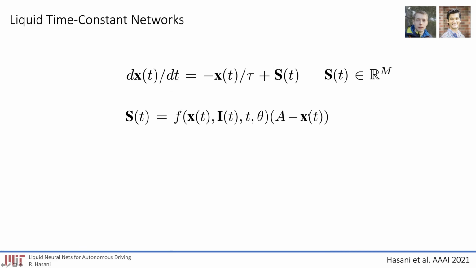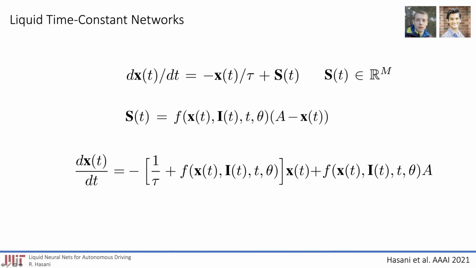And with this modification, if I replace S inside this ODE representation, I end up with a more complex representation, but it's still a very nicely behaving dynamical system. If you look at this equation, there is a neural network F that represents the state of the neural network and, at the same time, the time constant of the dynamics.